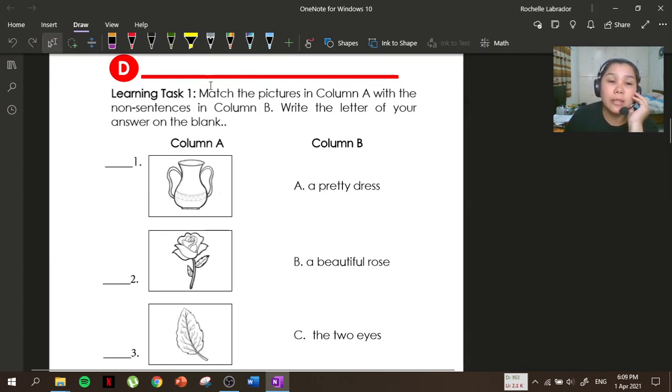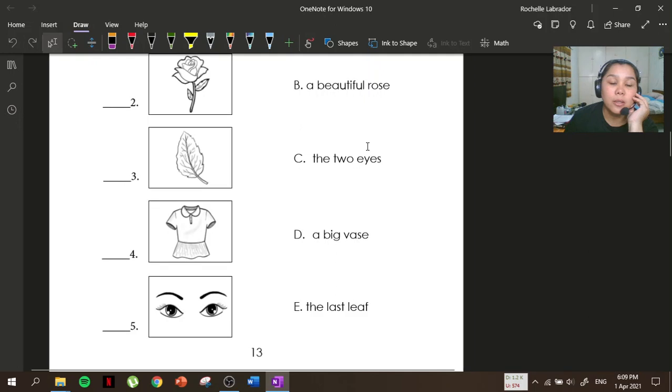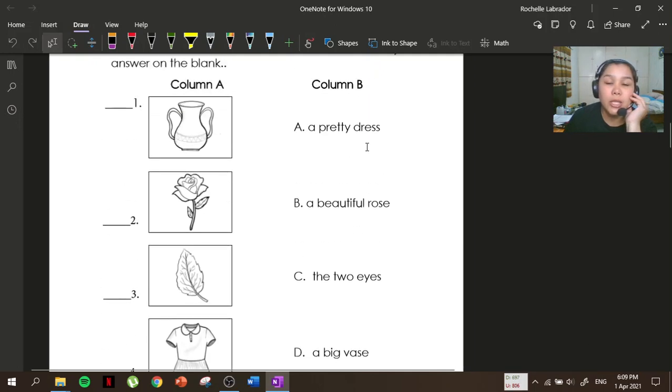Learning task 1, match the pictures in column A with the non-sentences in column B. Write the letter of your answer. I'll mention what is written under column B, and then you just choose where to write the letter. Okay, so the pictures are clear. Letter A, a pretty dress.